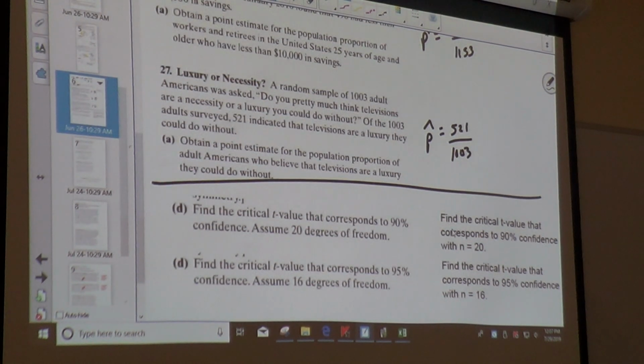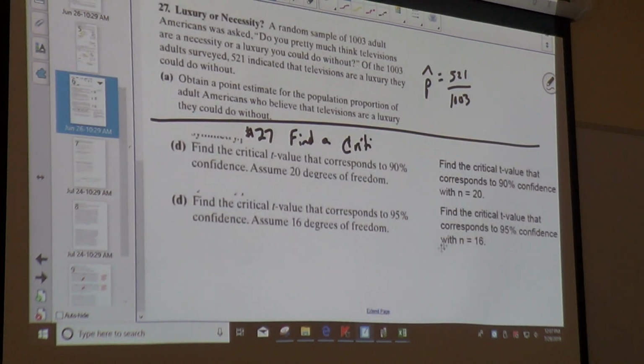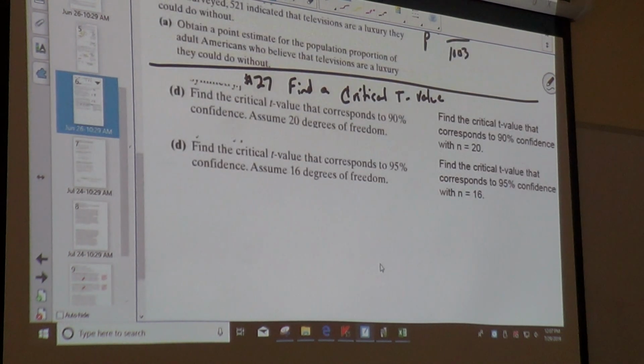27. Find a critical t value. All right, we have two different types. And I'm going to cut these in half.